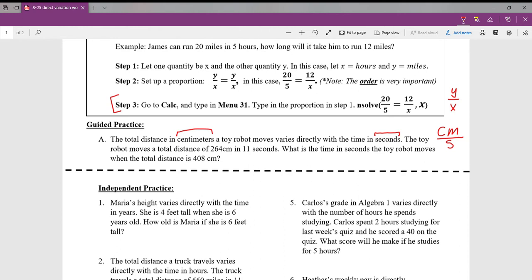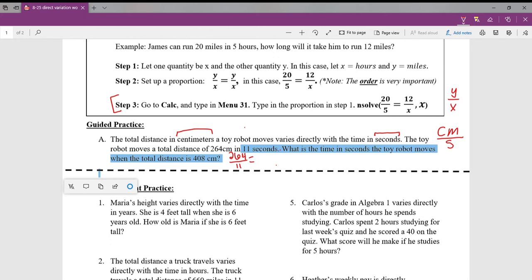So this first one says a toy robot moves a total distance of 264 centimeters in 11 seconds. So 264 over 11. So now we're going to set that equal to my second equation.